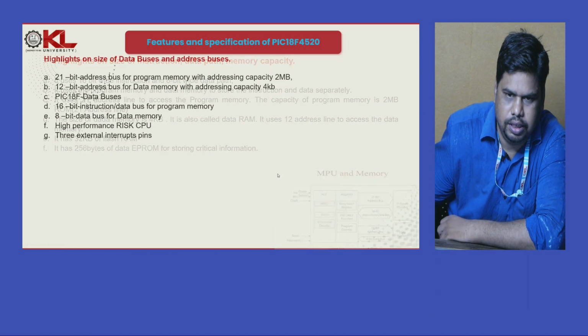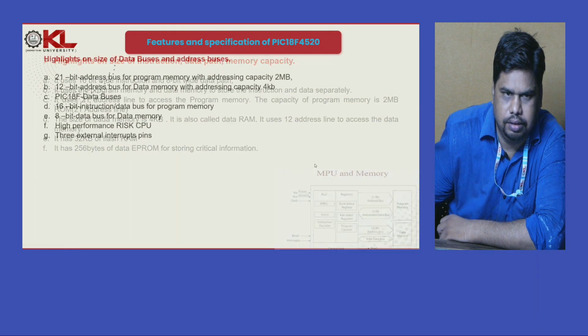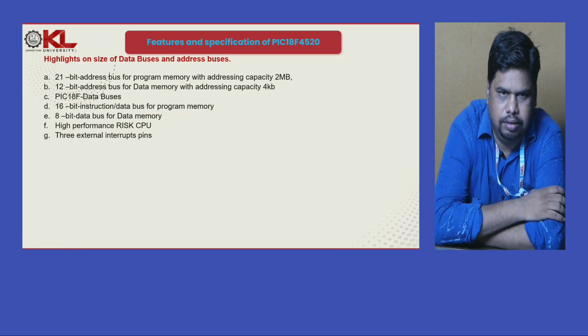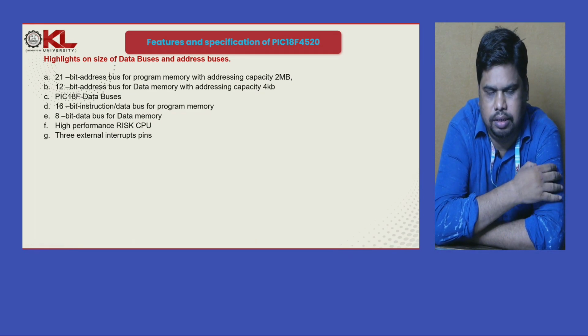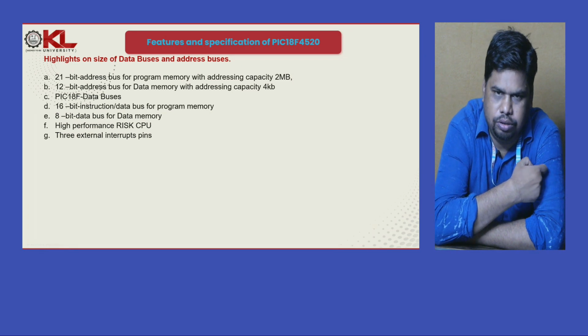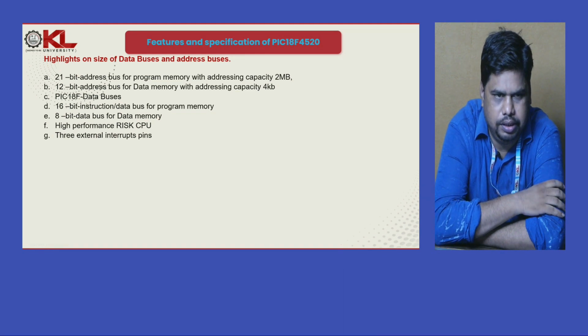So you can see the highlights. You can separately see the data memory and the program memory. A 21-bit address bus is used to access the memory locations of program memory, 2 to the power 21, which is 2 MB, the program memory capacity.